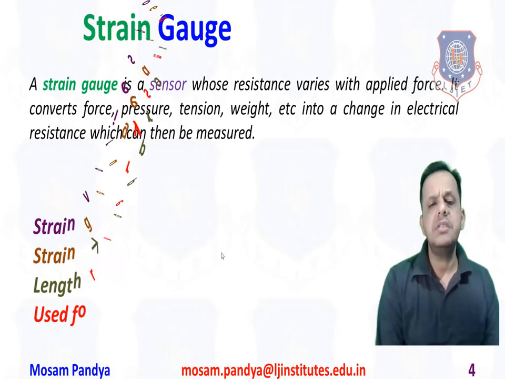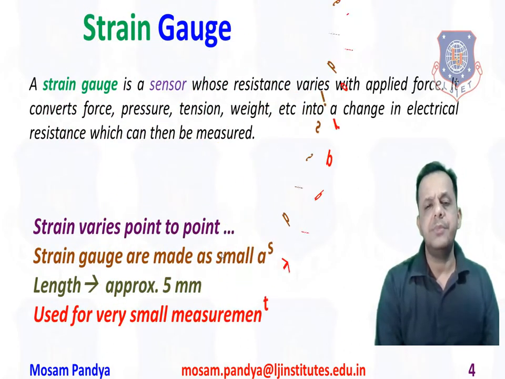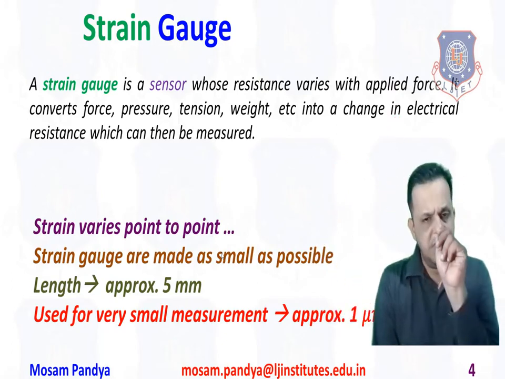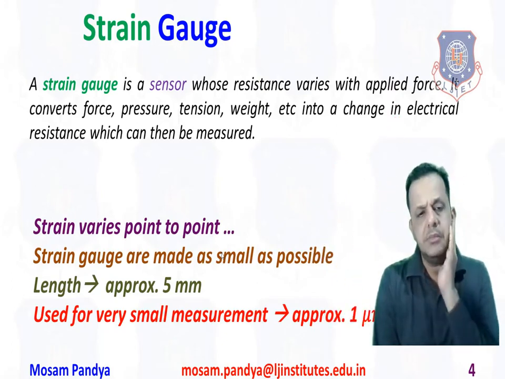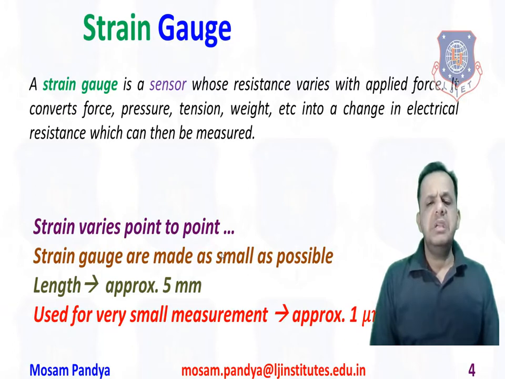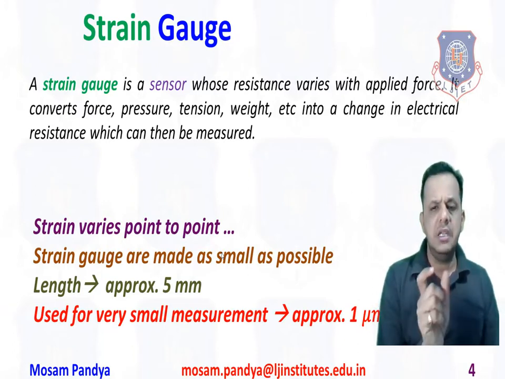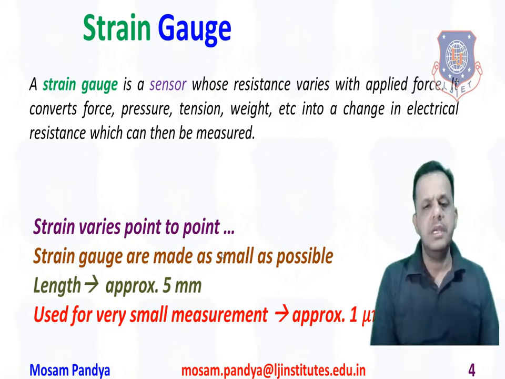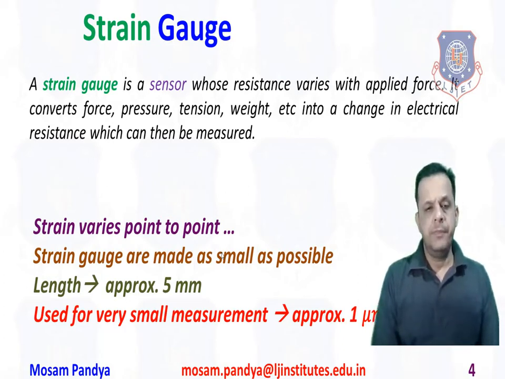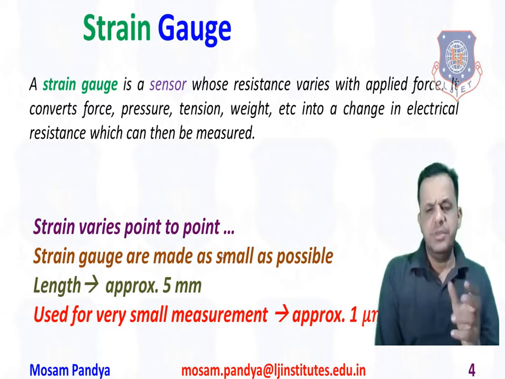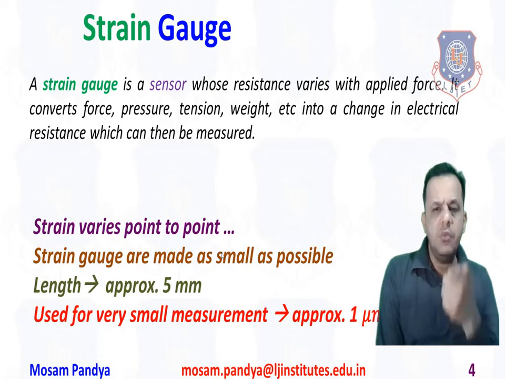Passive means it needs a supply, it is not a self-generating type, and strain varies point to point, and basically they are made as small as possible. Like we will see the comparison and scale with which it is being made, and you here see the length will be approximately 5 mm, and it is used for very small measurement, approximately 1 micrometer.